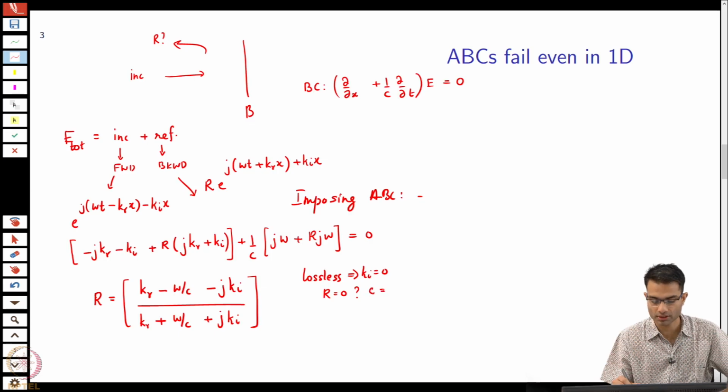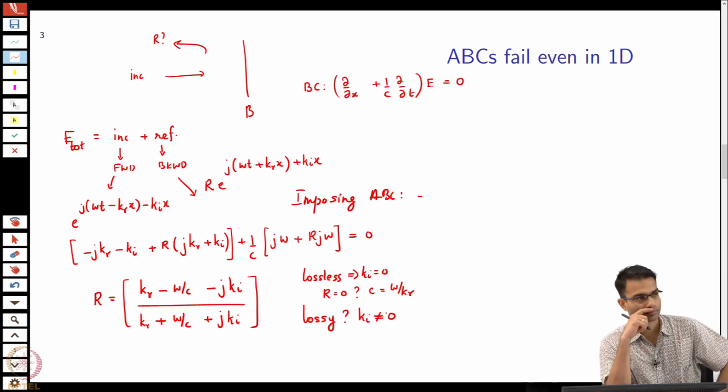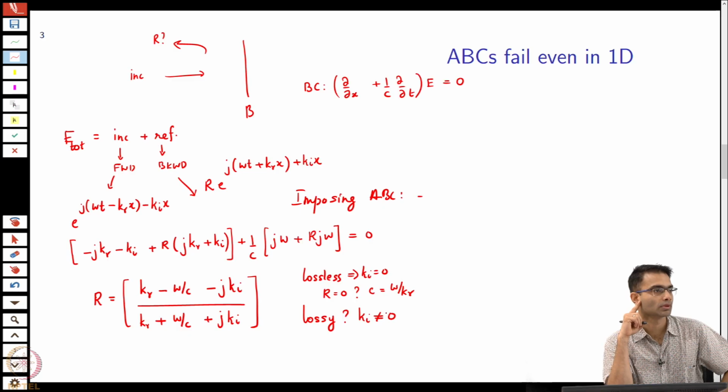So, if I put c is equal to omega by kr, I am done, I get 0 reflection coefficient. But if I have lossy, that is ki not equal to 0, there is no hope, I cannot make this expression 0. How will I make this expression 0? There is always an imaginary part. I can make the real part 0, but the reflection coefficient will always be there.